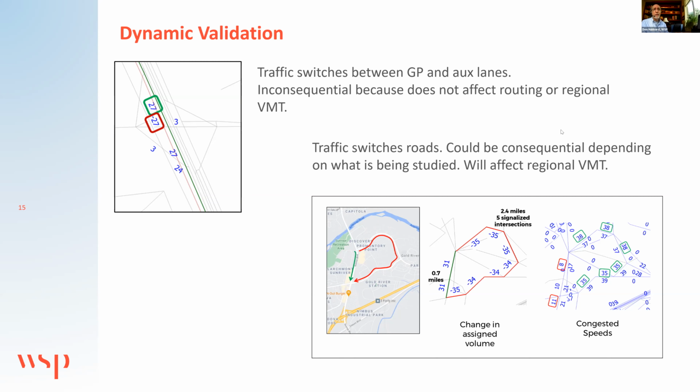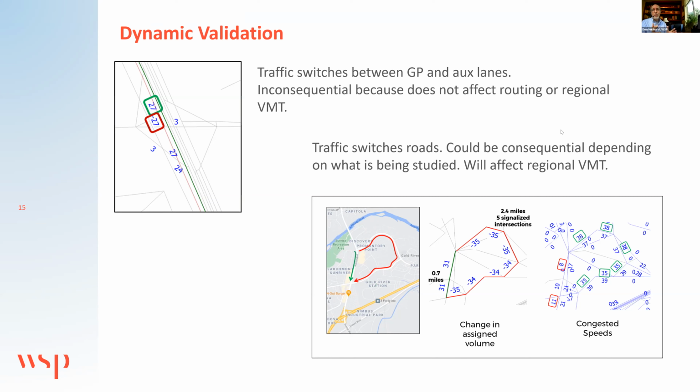The other route is 2.4 miles and has 5 signalized intersections. So it was odd that those would be considered substitutes for each other. But if you looked at the congested speeds, then you see why. The speeds on the circuitous route are 35, 38 miles an hour, while on Sunrise it was 8 miles an hour.